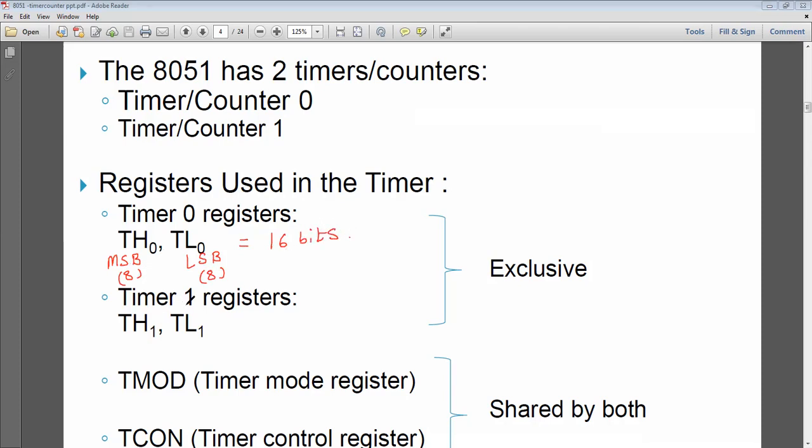Similarly, for timer 1, TH1 indicates the higher byte, or the most significant bits of timer 1, and TL1 handles the least significant bits of timer 1. So this is 8 bits and this is 8 bits; altogether it again forms 16 bits.